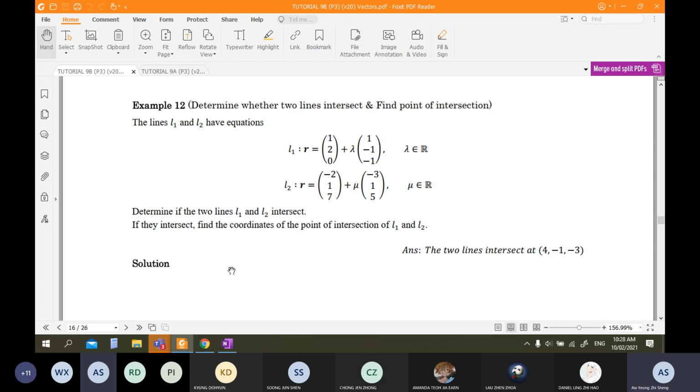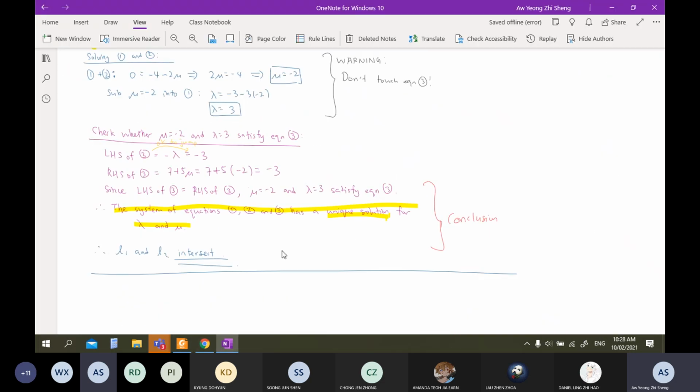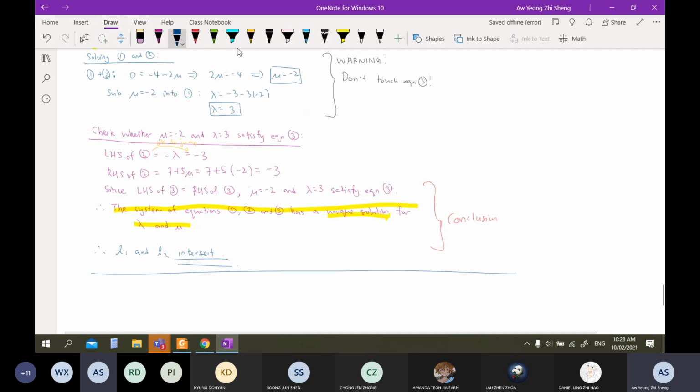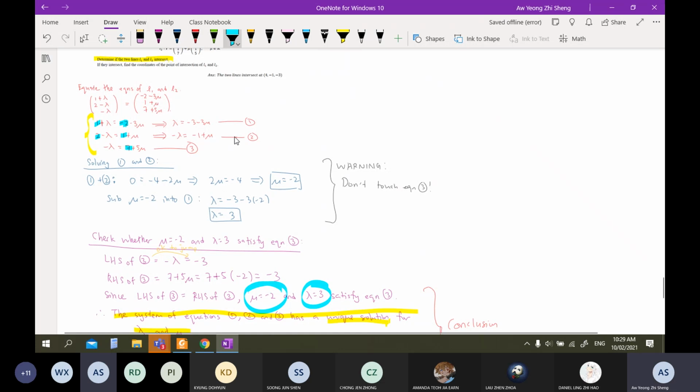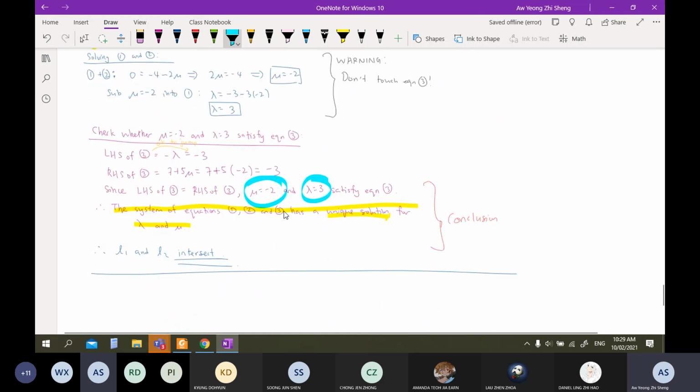Finding it is the easiest thing to do after you show that they intersect, because you know that lambda equals 3 and mu equals minus 2, and this is the only pair of solution that satisfies all three equations.